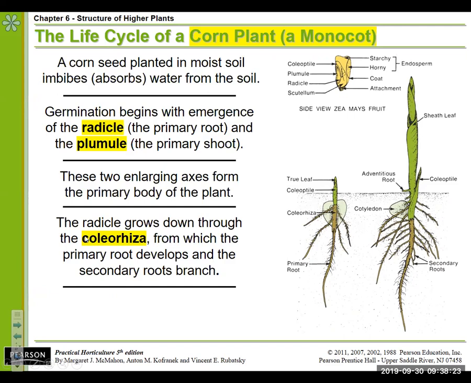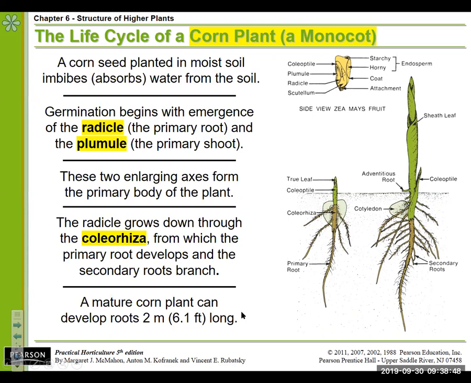The radical will continue to grow down through what is known as the coleorhiza, and then from that, the primary roots develop, and the secondary roots branch off, getting more of these root hairs, which is actually where the plants are getting that nutrition from. A mature corn plant can develop roots up to 6 feet long.